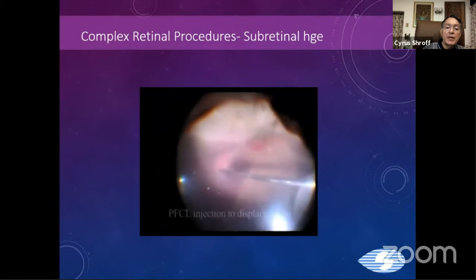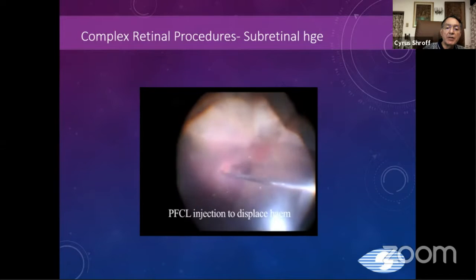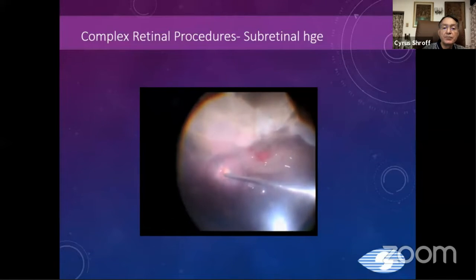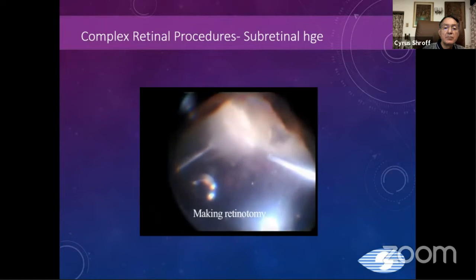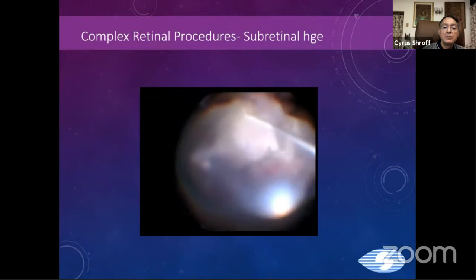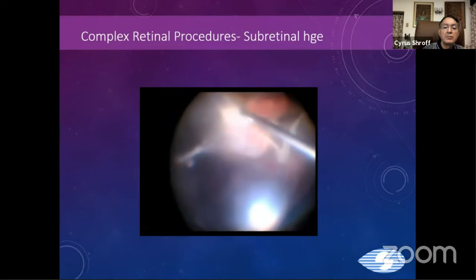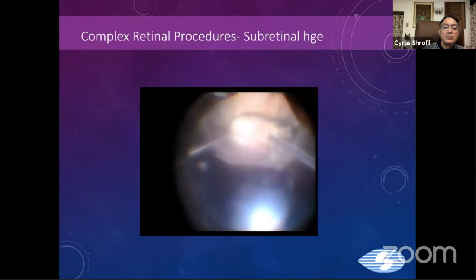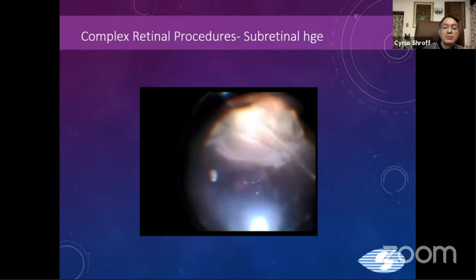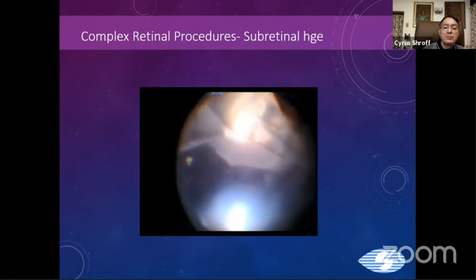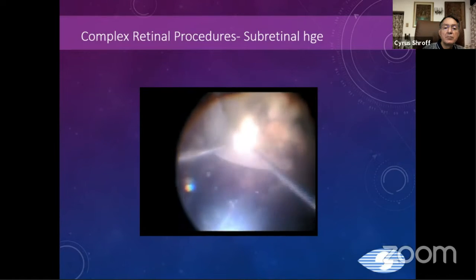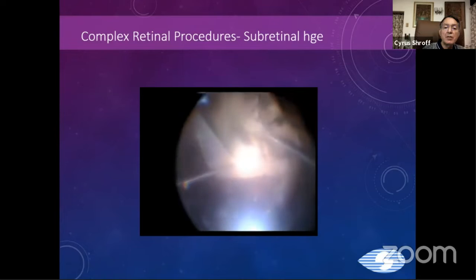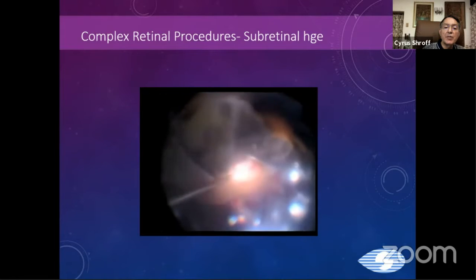This was a trauma case. There was a vitreous hemorrhage and subretinal hemorrhage. Here you can see a lot of the hemorrhage in the subretinal space.